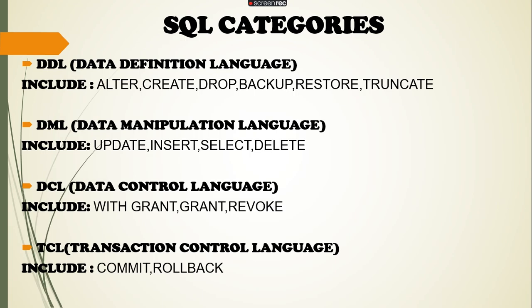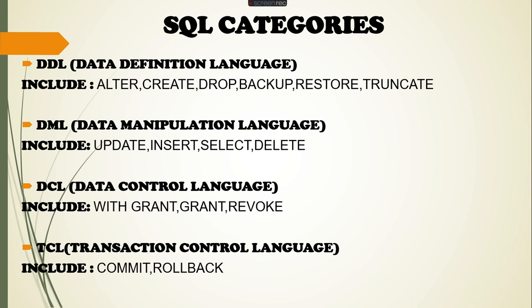So SQL categories. Now we have the first category, which is DDL, which stands for Data Definition Language. Under DDL, these are some of the commands that we are going to find. We have alter, which is for making changes in the database.